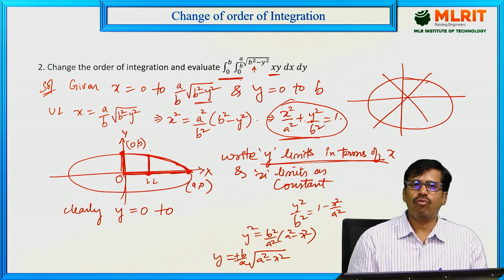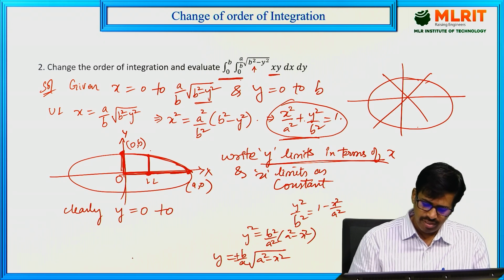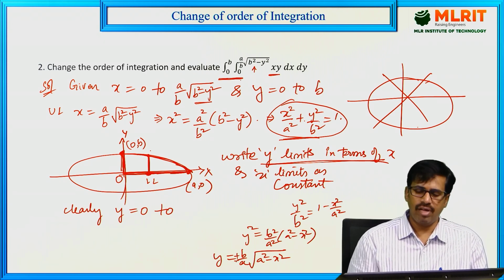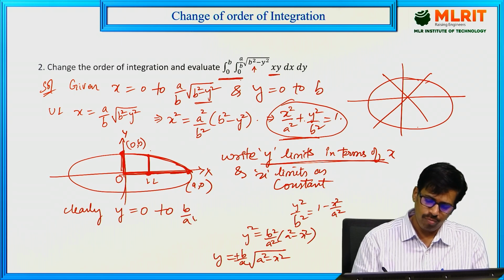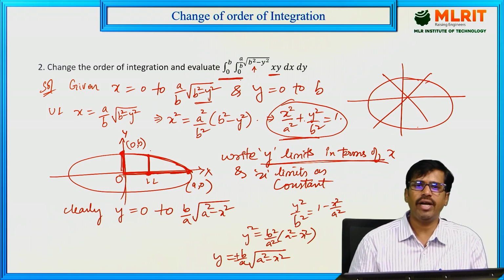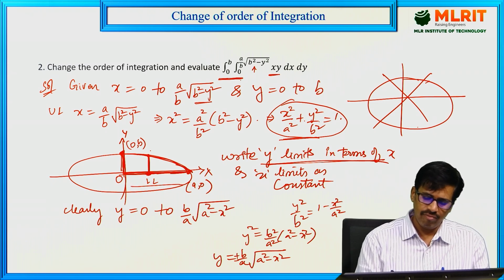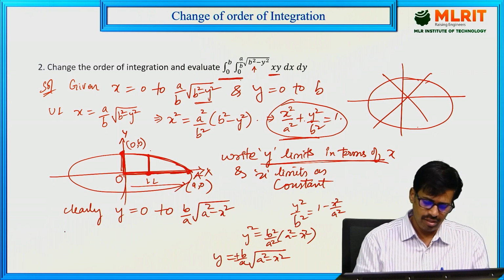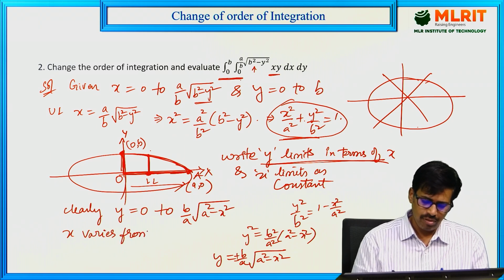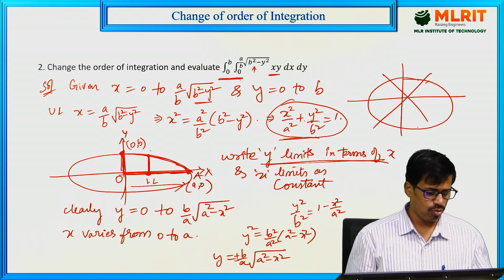But since the region of integration is in the first quadrant, we don't consider the negative value; we take only the positive value, plus b by a under root of a square minus x square. So we have written the y limits in terms of x. Now identify the x limit as constant. From this point to this point a, x varies from 0 to a.